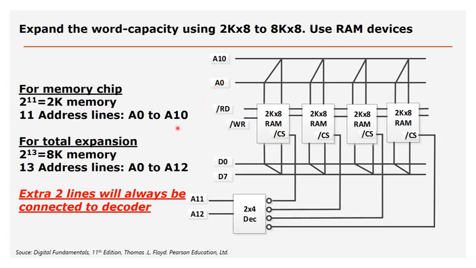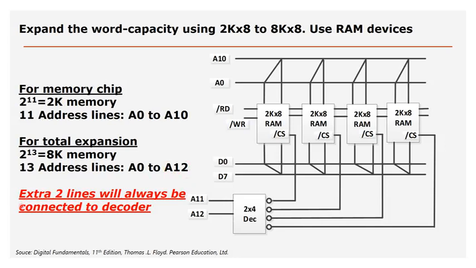But the question says I want an 8K device. So if I want an 8K, 8K is 2 to the power 13, which means there will be 13 address lines going from A0 to A12. Because my memory itself can only go from A0 to A10, and I've got up to A12 here, I've actually got 2 address lines extra.